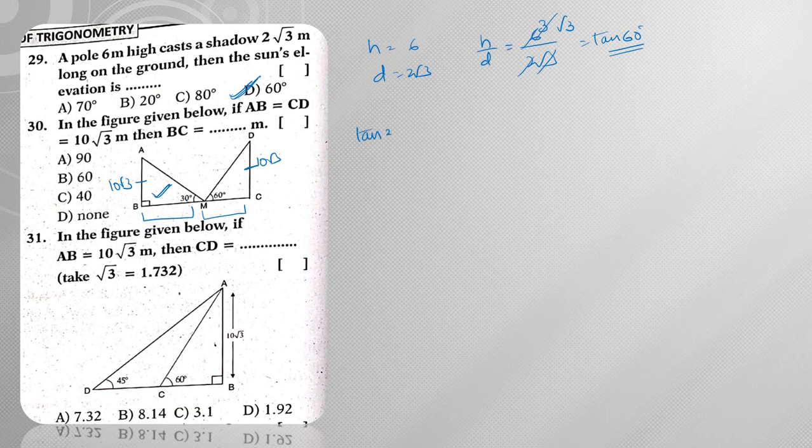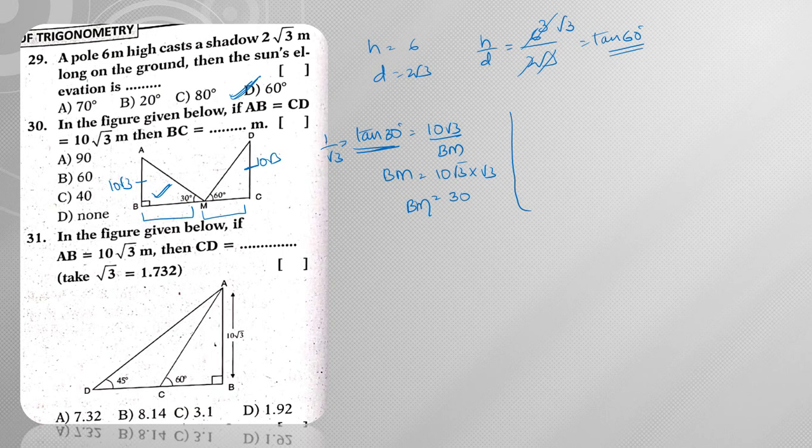Tan 30 degrees is equal to 10 root 3 by BM. From this, BM is equal to 10 root 3 into root 3, because tan 30 is 1 by root 3. Root 3 into root 3 is 3, and 3 tens are 30. So the BM value is 30.